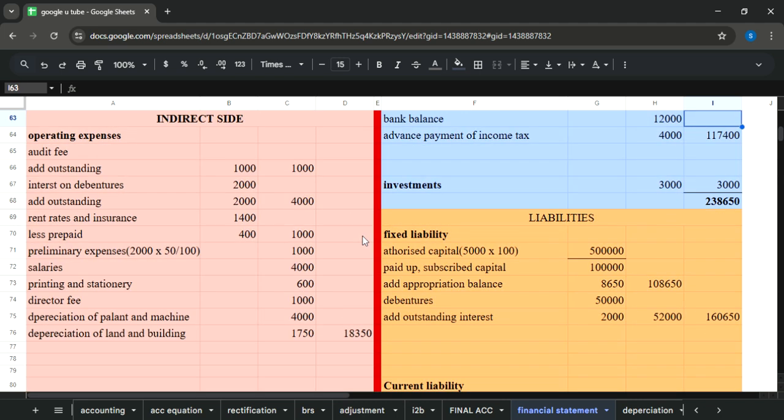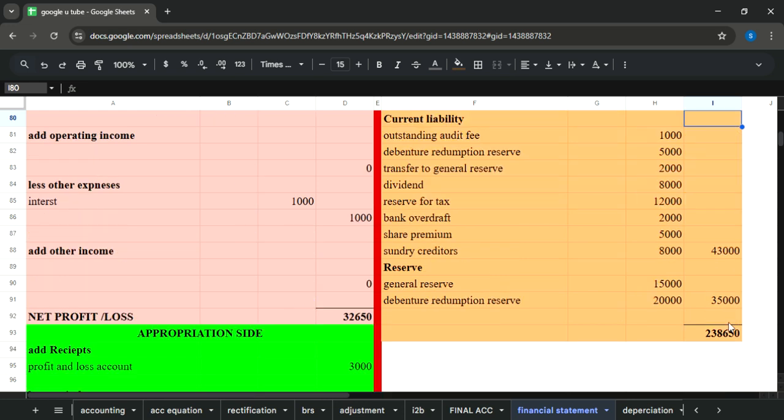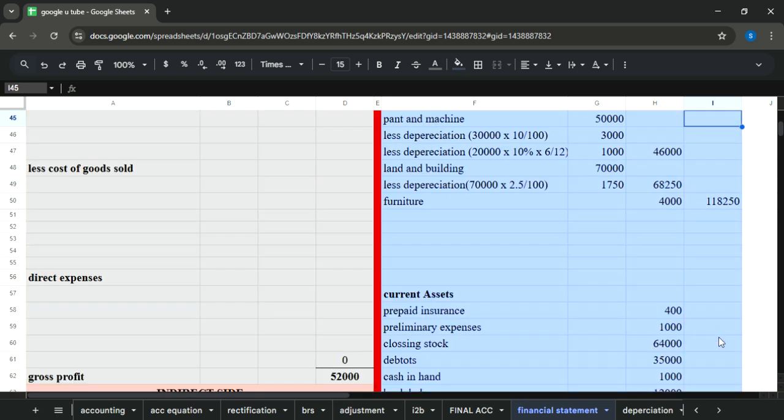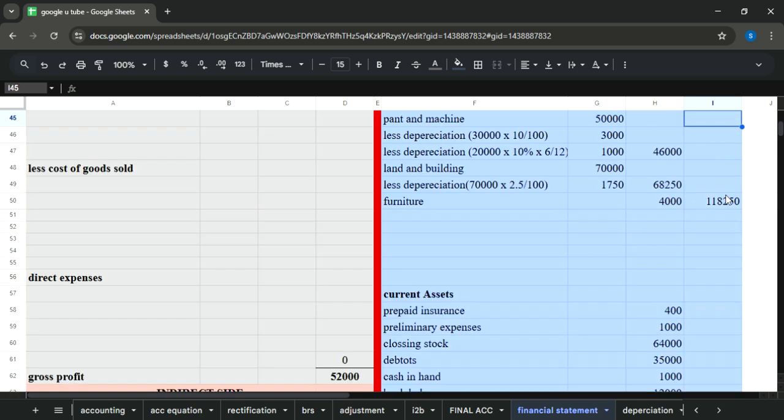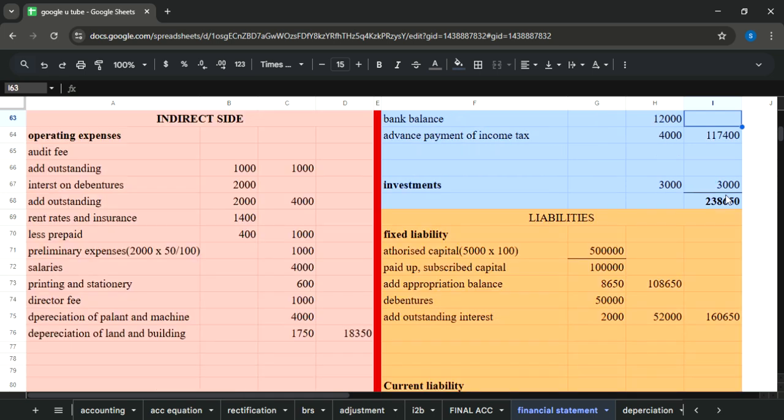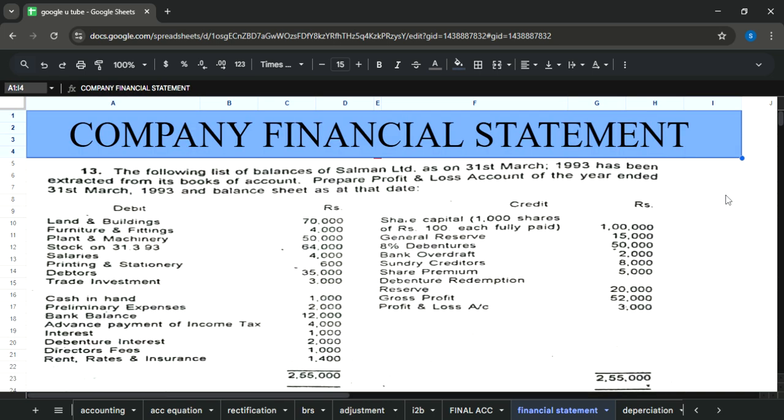It was then transferred in fixed liability side, and we have taken sum of all liabilities, fixed, current liability and reserve. Their sum we have got 238, and then asset side total 238, which was including fixed asset, current asset total and investments. In this way, everything according to requirement has been completed.